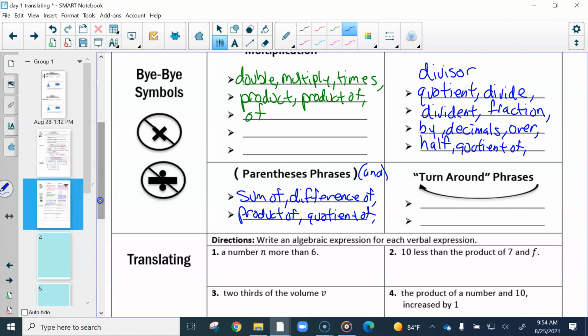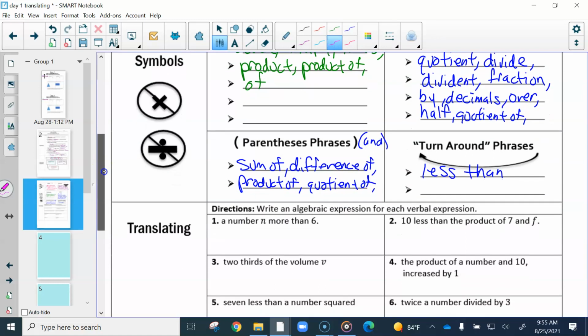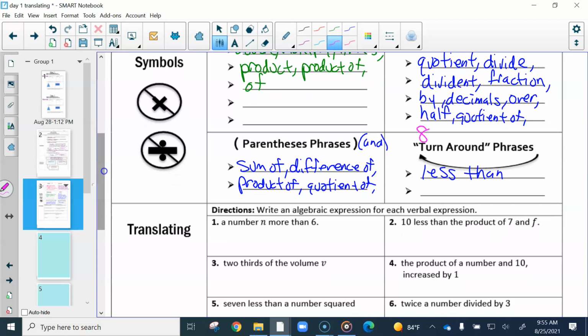Now some turnaround phrases. When you read it, you're going to think one thing, but it's really the opposite way. Anytime you see the words less than, whatever comes in front of less than goes at the end. For example, 8 less than 5 means 5 minus 8, not the other way around.